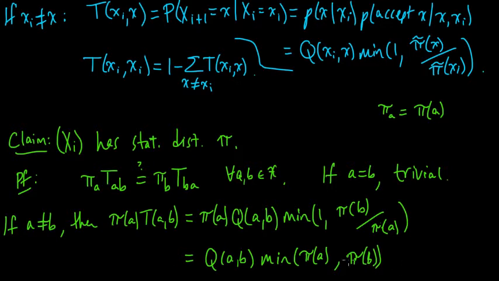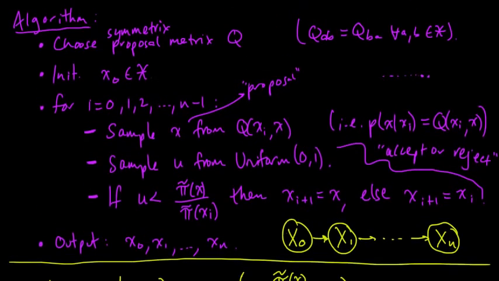And now we're in excellent shape, because what did we want to show? We wanted to show that this equals this. In other words, if we swap a and b here, then we get the same thing. And this expression is symmetric in a and b, because clearly the min doesn't change if you swap these. And by our choice of Q, Q is symmetric in A and B. That was part of our choosing.